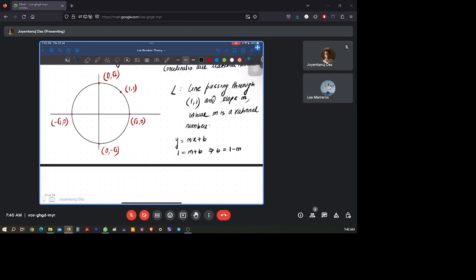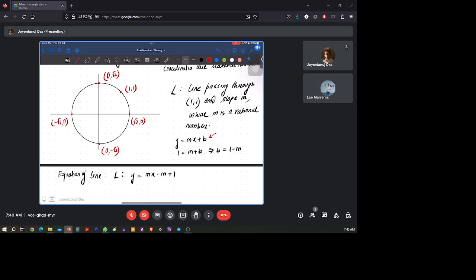So the equation of the line L is y equals mx minus m plus 1, right? Okay, I see.